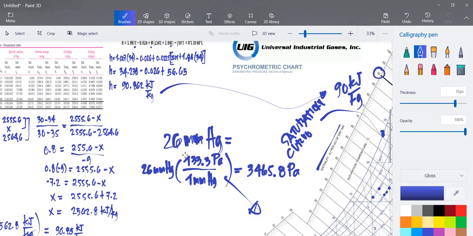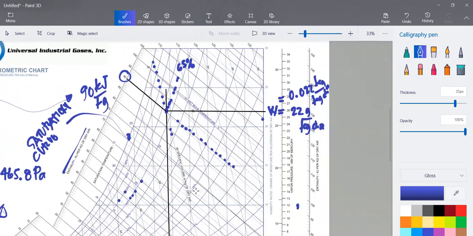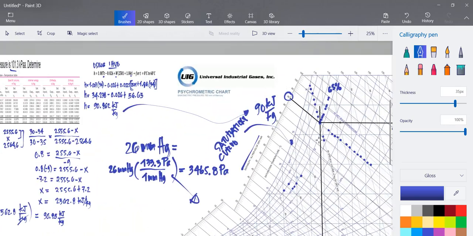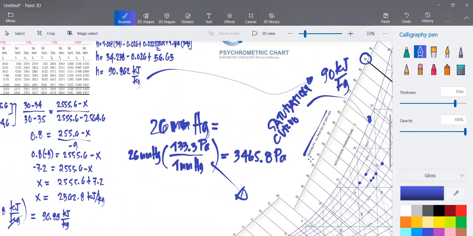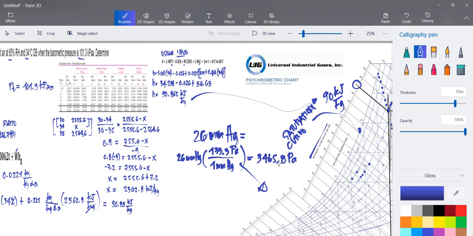Okay, you only have to convert it to Pascal to get the value. So that is what we got by using this psychrometric chart. Okay, so this is how easily we can get the value. Earlier we got the value by means of computation, and now by means of the psychrometric chart. So that is the comparison. Okay.